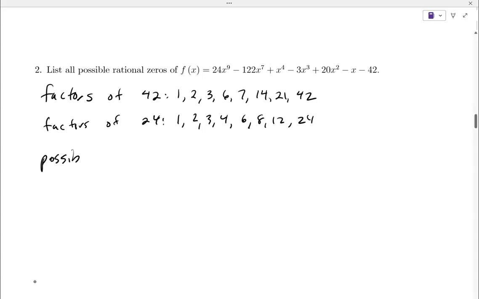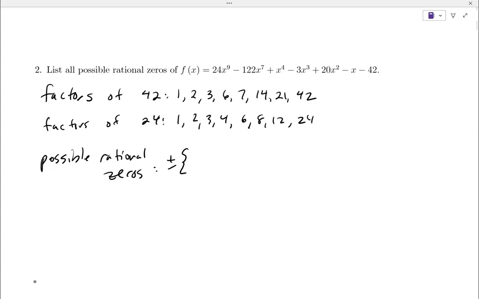All right, so possible rational zeros then. Remember, it's going to be plus or minus all of them, right? So I'll just put that out in the front and then put the rest in like a set. It's a little bit of a shorthand notation to do it, so I don't have to write plus or minus this and then plus or minus that every single time.